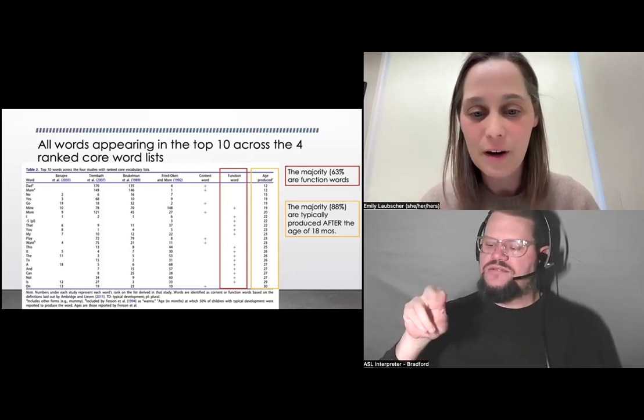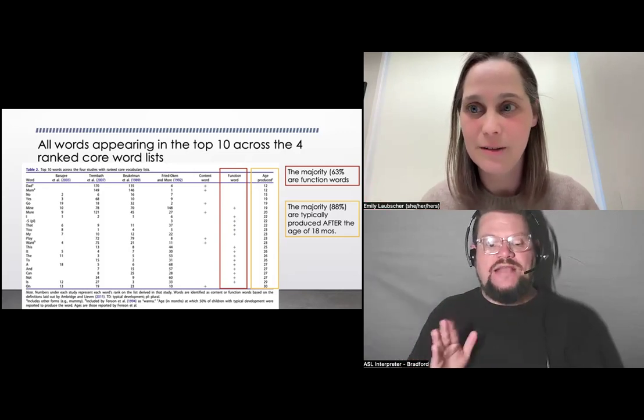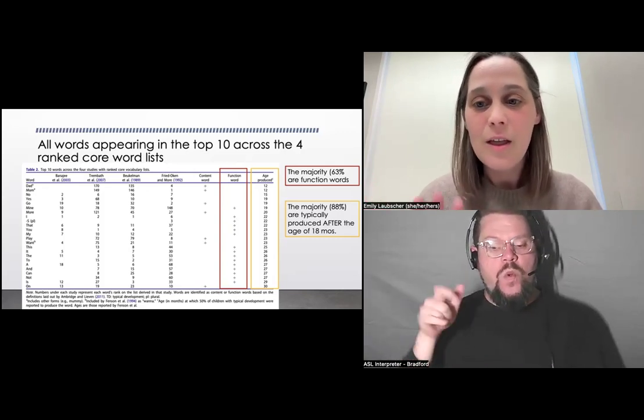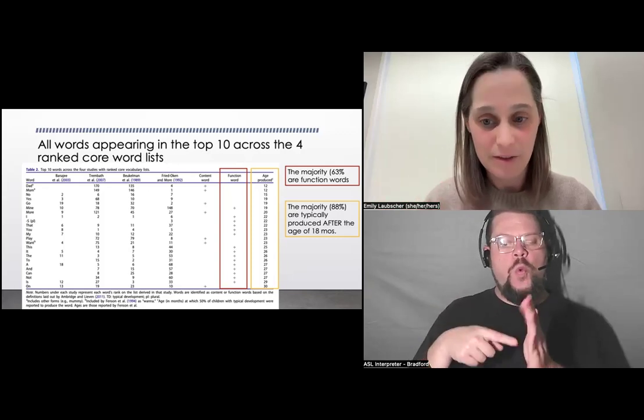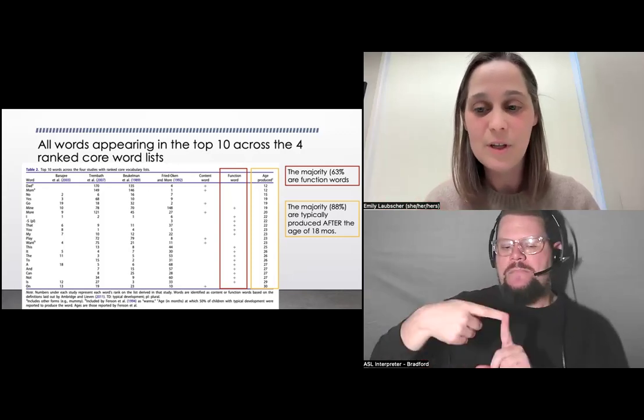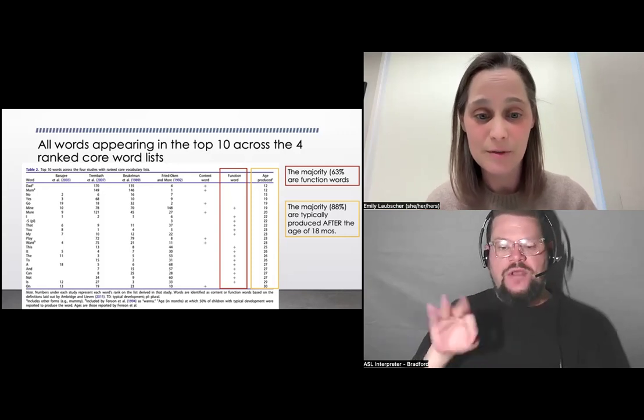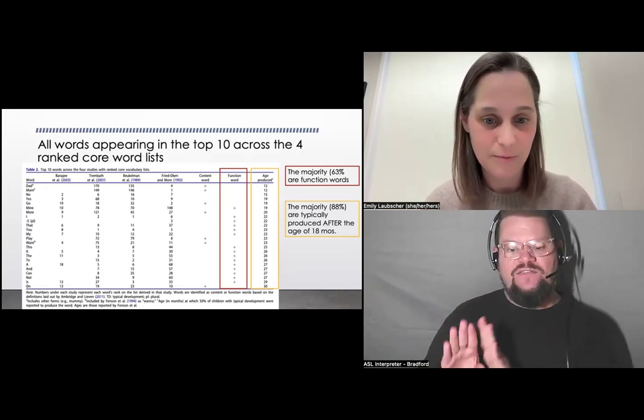And then on the far right, in the column outlined in yellow, this column shows the age in months at which 50% of children with typical development produce the word.